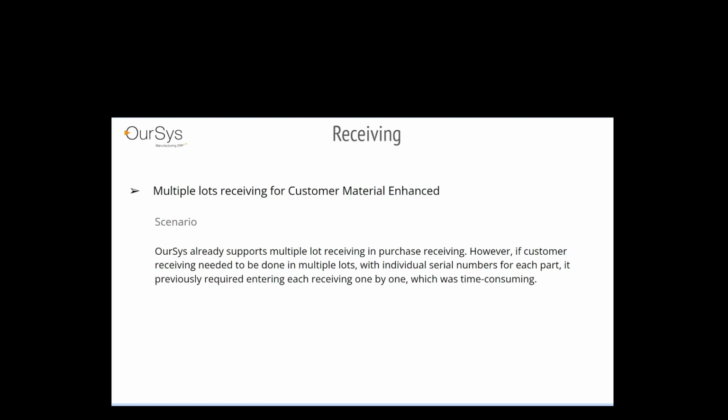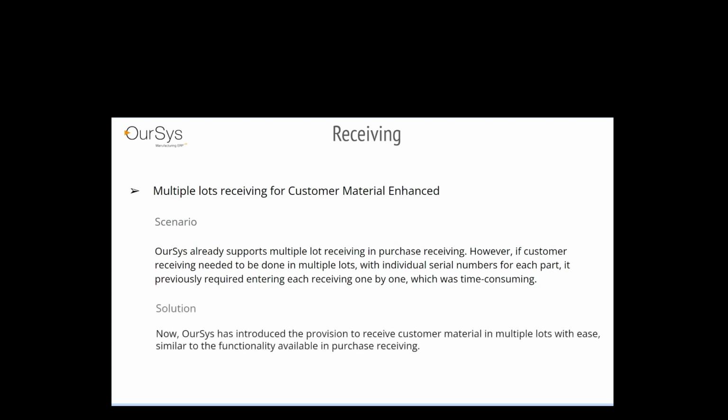However, if customer receiving needs to be done in multiple lots, for example when there is an individual serial number for each part, it was only possible by receiving parts one by one, which took a lot of time and effort for the store person. So to tackle this, we now made it easier to receive customer material in multiple lots, just like the receiving module.